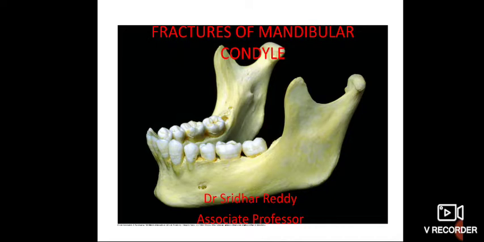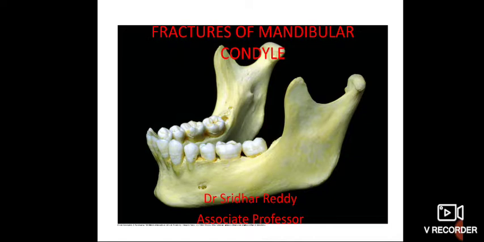So you need to remember that the first few chapters are very, very important to understand what is closed reduction, what is open reduction, internal fixation, and external fixation. So let's start with mandibular fractures of the condyle.